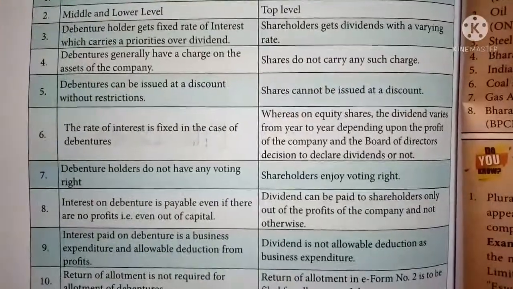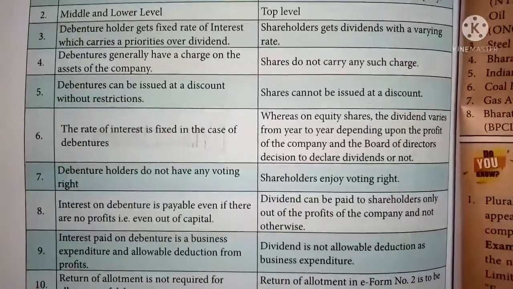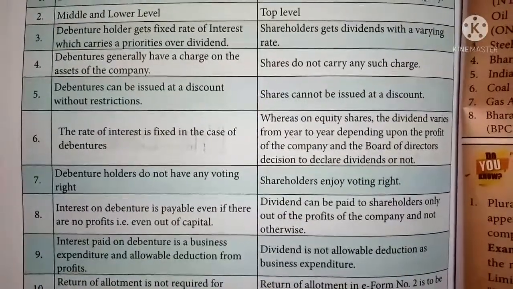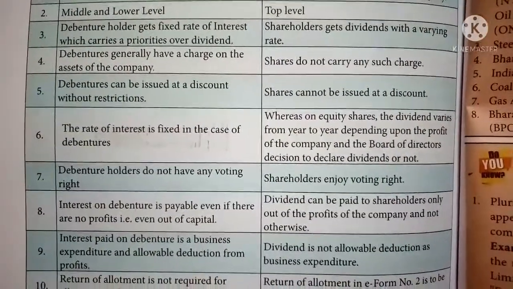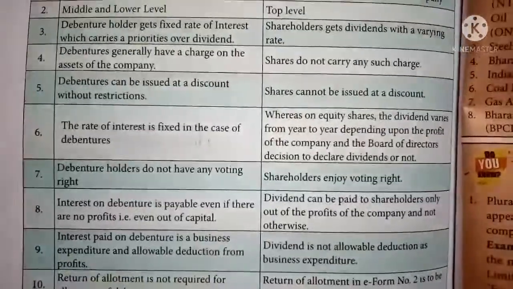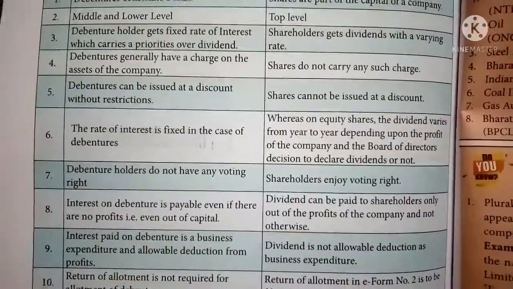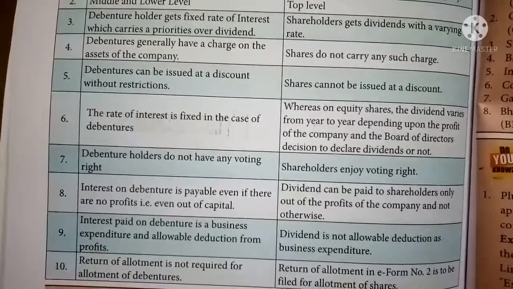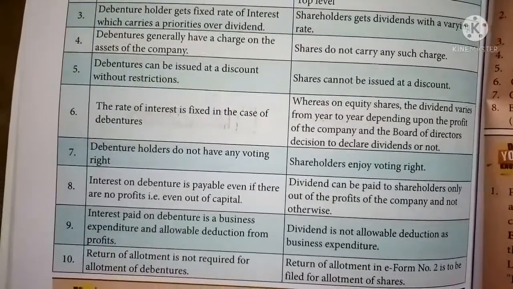Okay. Interest on debenture is payable even if there is no profit. So every year the company will give the interest to the debenture holder, even though there is no sufficient profit. The interest to the debenture holder will be compulsorily given by the company.